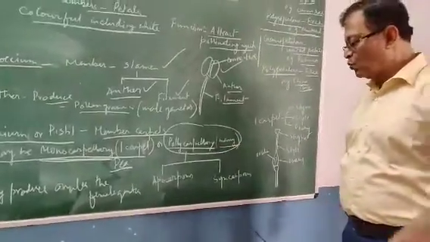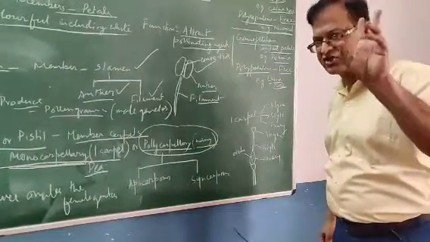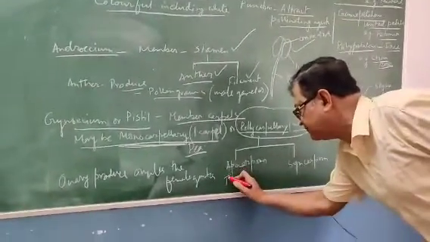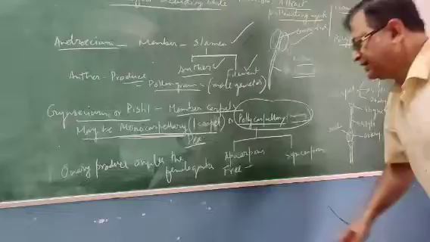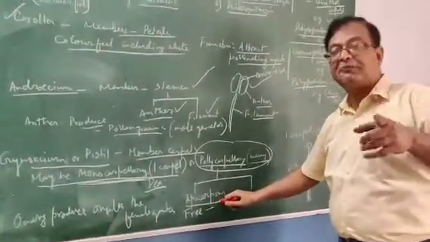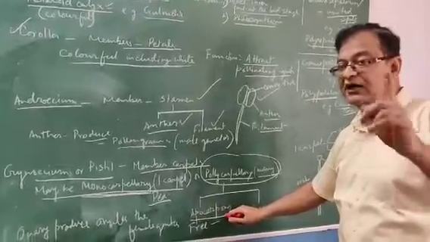In this case, we have two variations. If the carpels are free from each other, then they are called apocarpous pistil. What are they called? Apocarpous pistil.